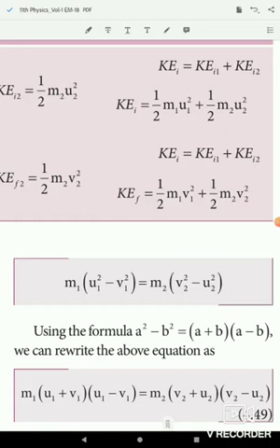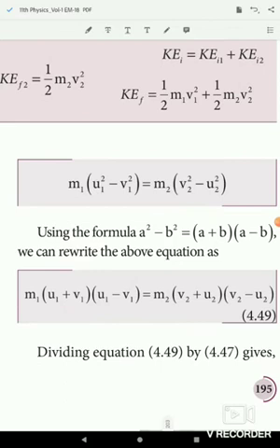Do you understand this one? This is the formula: a square minus b square equal to (a plus b) into (a minus b). So we write u1 square minus v1 square this way: m1 into (u1 plus v1) into (u1 minus v1), equal to m2 into (v2 plus u2) into (v2 minus u2).